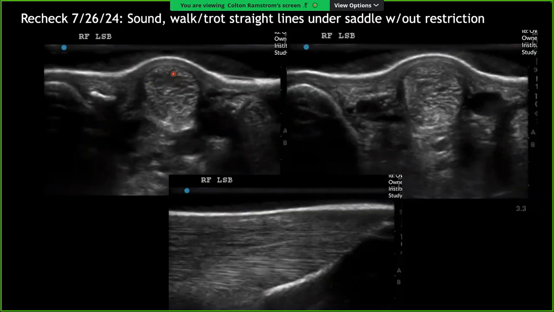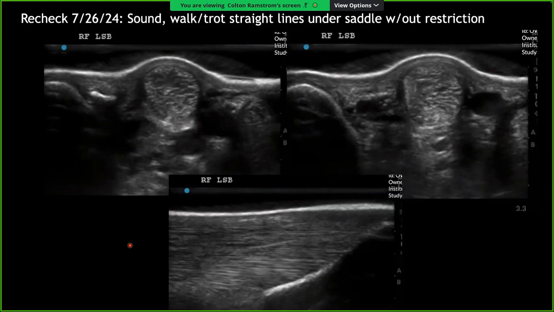We have some persistent hypoechoic, more generalized, irregular areas, but no distinct holes or anything in this part of that suspensory ligament. Fiber pattern has improved. Definitely still not anywhere near 100%, but we do have a little bit more linear organization there than we did previously. So again, we're about 9 months from presentation at this recheck.